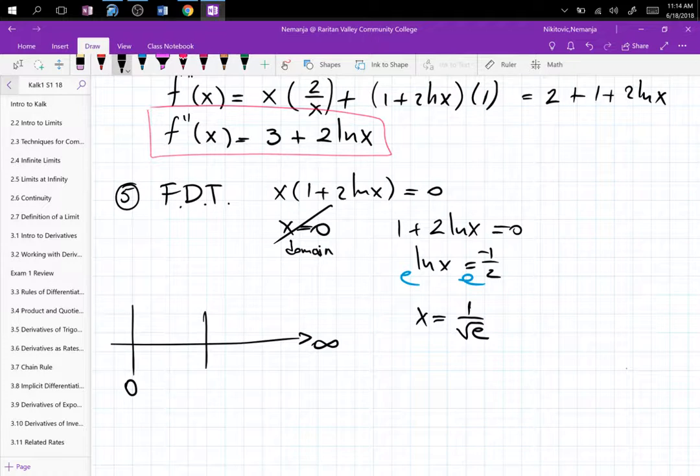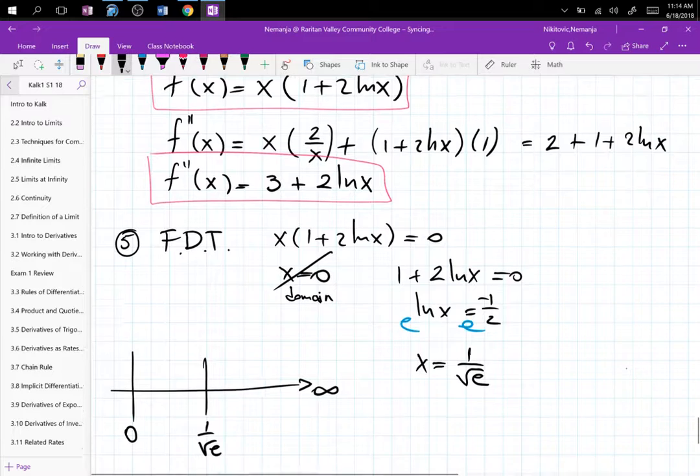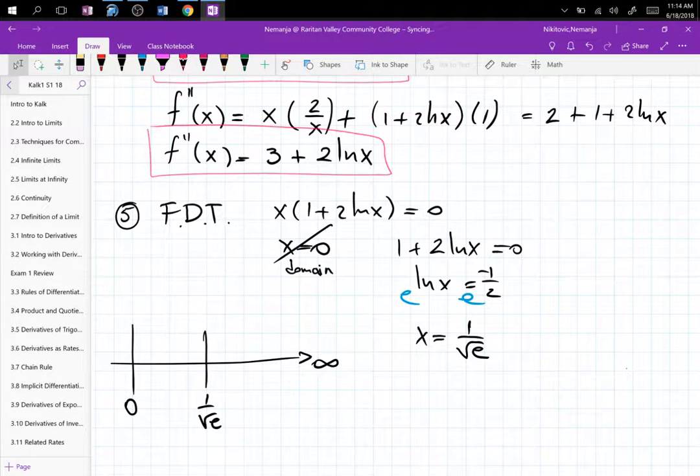So you have to make sure that you have only the domain represented in your partition. And then we have 1 over root e. Now you'll be computing in the first derivative, which has ln x, so you should compute on e's. So the cool test points should be 1 over e and e.